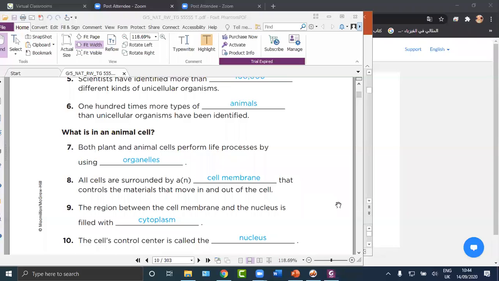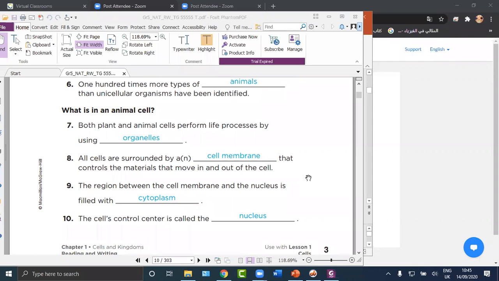Number 11. Abdullah Muhammad. Yes, 11. The tiny power plants. Structure. Yeah, but this is number 12, not 11.